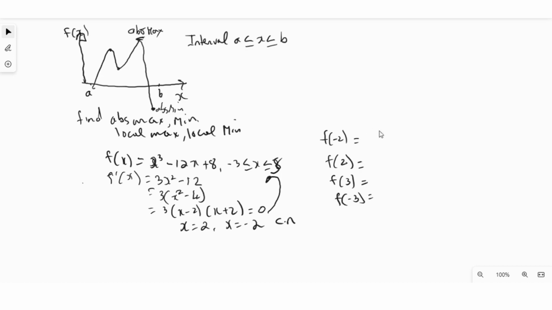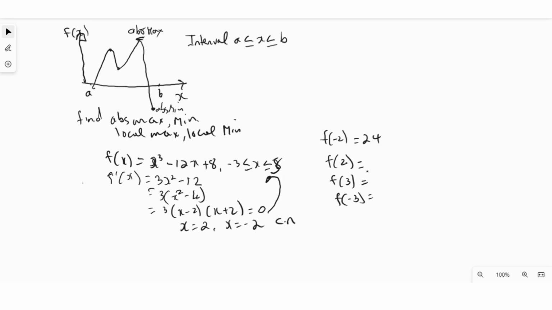For f of -2, we substitute it here, -8 plus 8, and we get 24 after substituting on the original function.